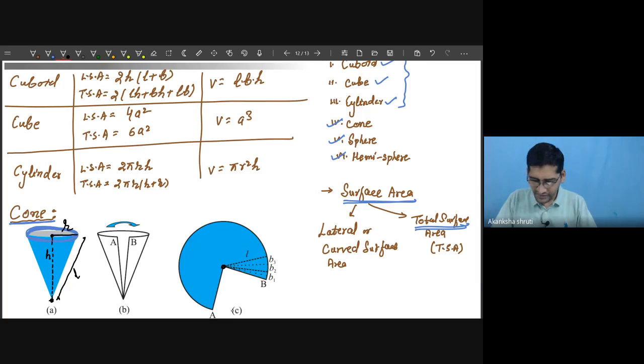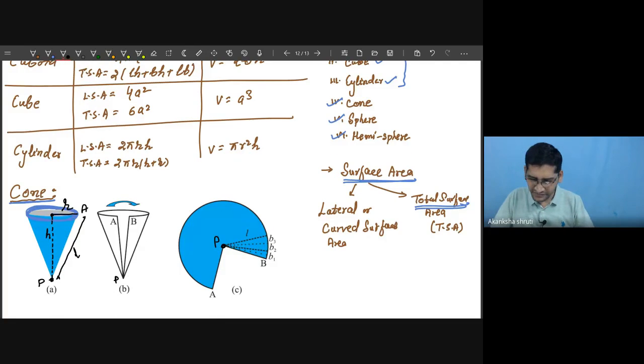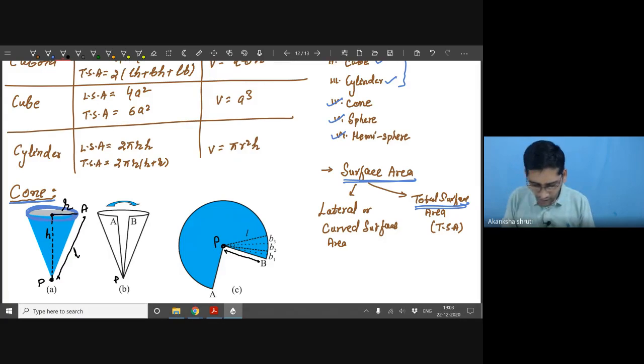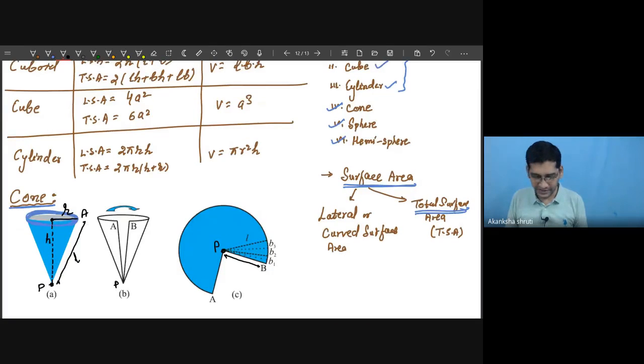If we consider the tip of this cone as the point P, and the other points as A and B, as already shown, then the radius of the opened circular section, which is basically the sector that we will learn in class 10th, is L. L is the slant length. L is not the radius.